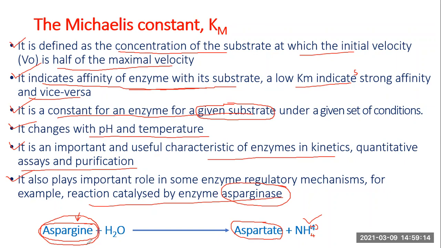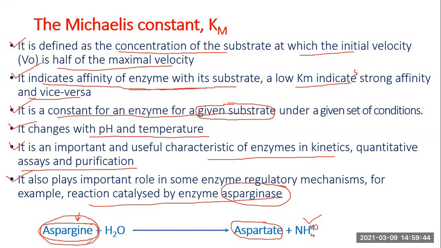Okay, you may have asparaginase from some other source, the enzyme is the same, it still catalyzes the same reaction, but if it has a higher Km, that means it requires a higher concentration of substrate to achieve half maximum velocity. That particular asparaginase will not be good in curing the cancer. You require an asparaginase where the Km is low, that means this enzyme is capable of achieving half of the maximum velocity even with a very low concentration of substrate.